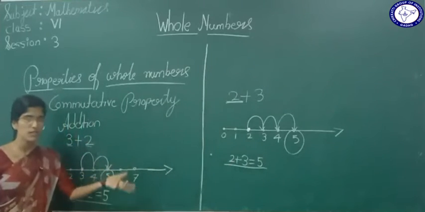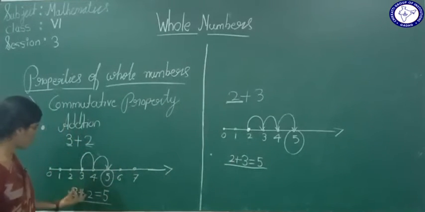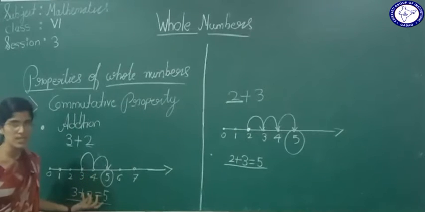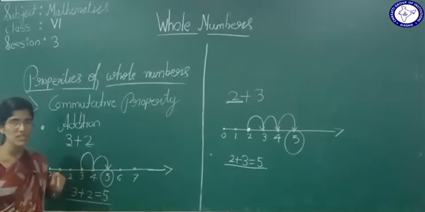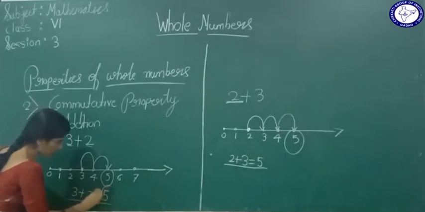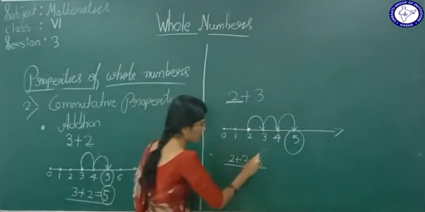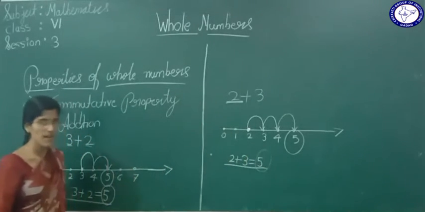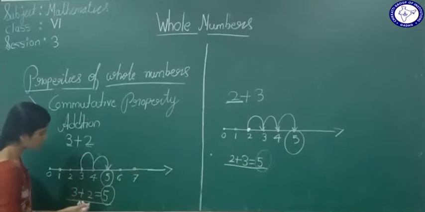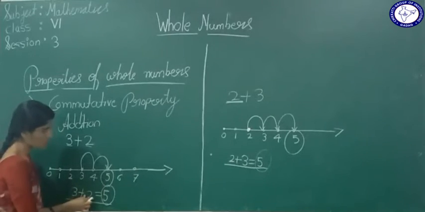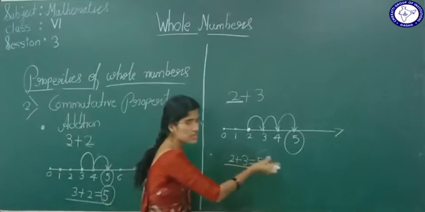So what I told in the definition at the start: two whole numbers are said to be commutative if their result remains the same. See here the result is same, no? 5, 5. 3 plus 2 can be written as 2 plus 3.